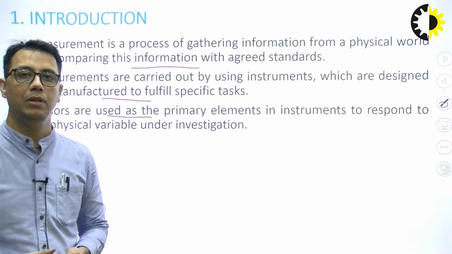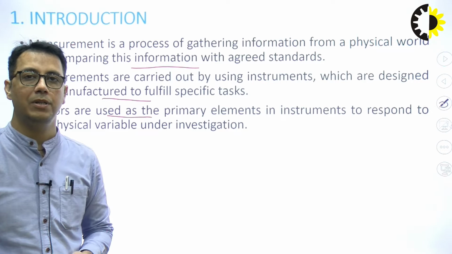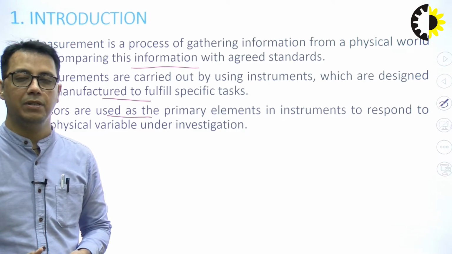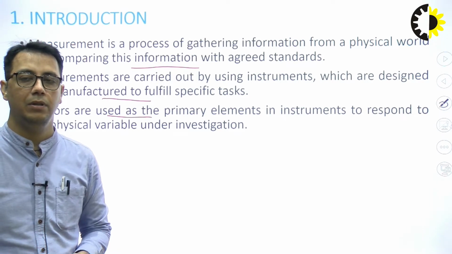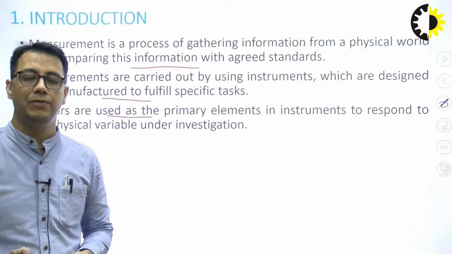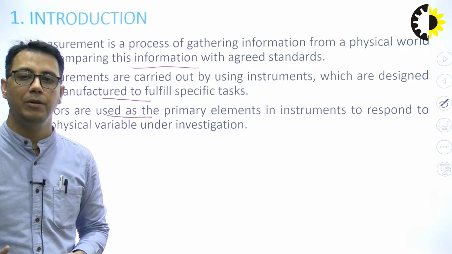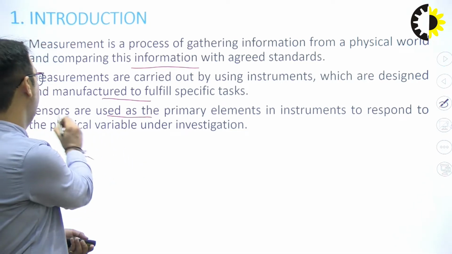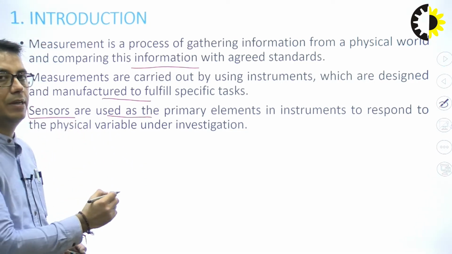All the quantities which we want to measure exist in physical nature, they are analog in nature. We want this physical quantity in readable form or in some numerical form. So how can we do this? We generally do it by using sensors.